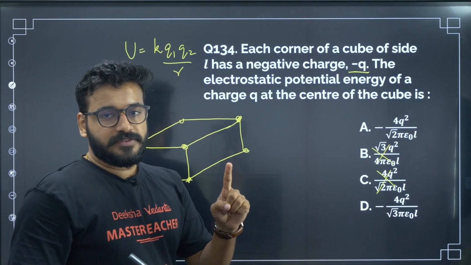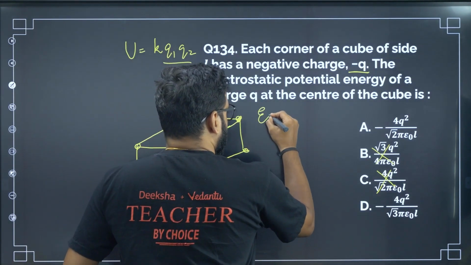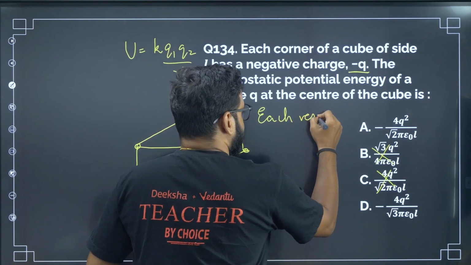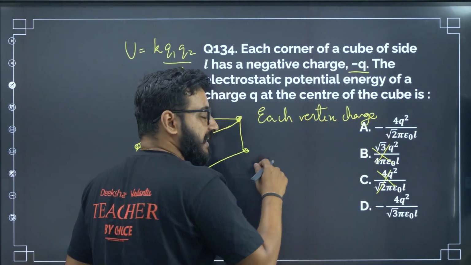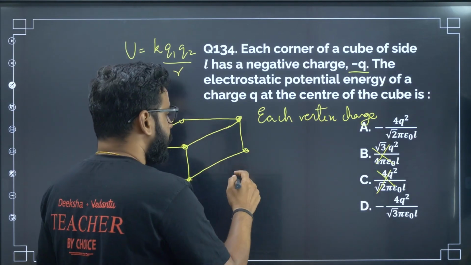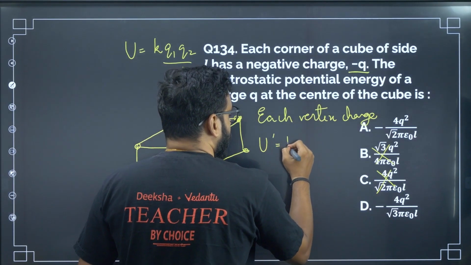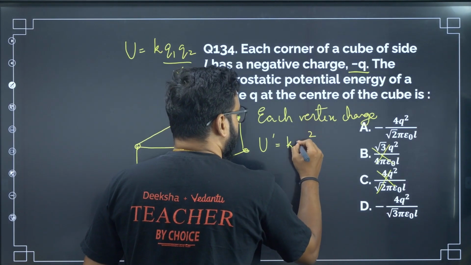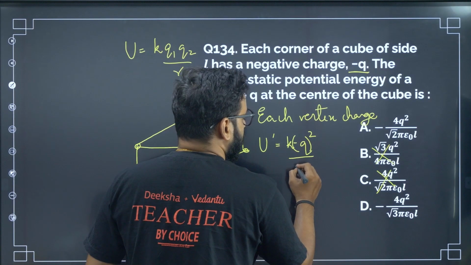There are 8 vertices. Each vertex, the charge at each vertex will contribute how much energy? Okay, so U dash is equal to K into minus Q square, whole divided by distance.